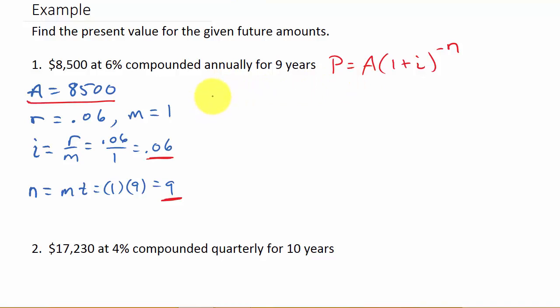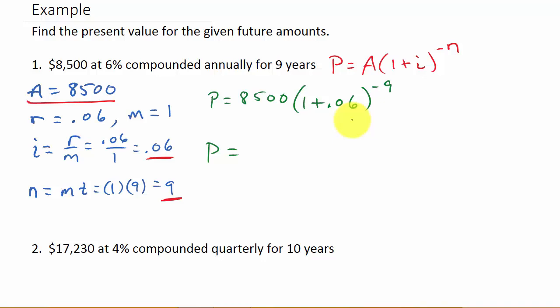So P is equal to A, which is 8,500, times 1 plus i, which is 0.06, raised to the negative n, so raised to the negative 9. There's a couple of ways you can do this in your calculator. What I would do is 1 plus 0.06, that's 1.06, then type in your exponent button, negative 9, and hit enter.